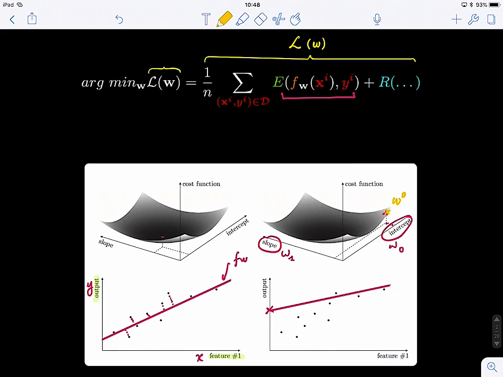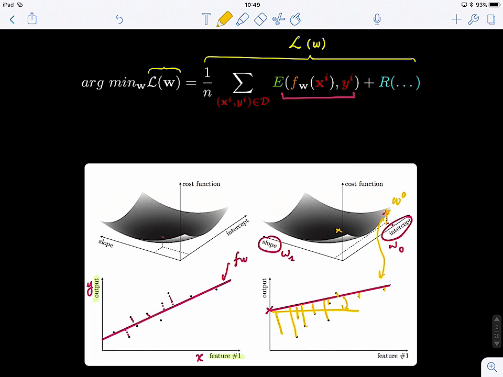So what you see when we're plotting our cost function is that we haven't reached the minimum. So our initial guess is not a good guess. You can see the loss is still quite high. How do you know that? You look at this, and you can see that your points are far away from your learner, right? Your line, the parameters of the line that you learned, W0 and W1, the intercept and the slope.